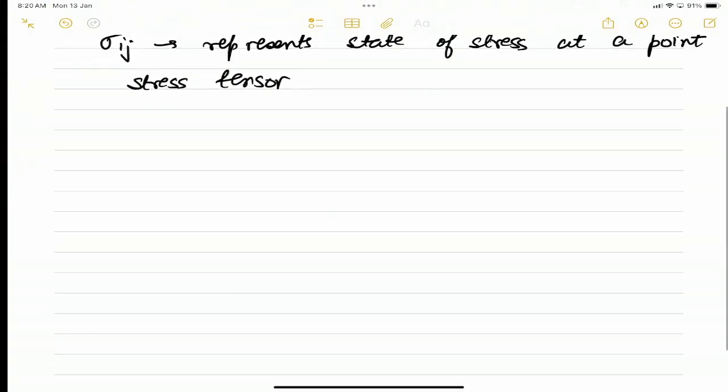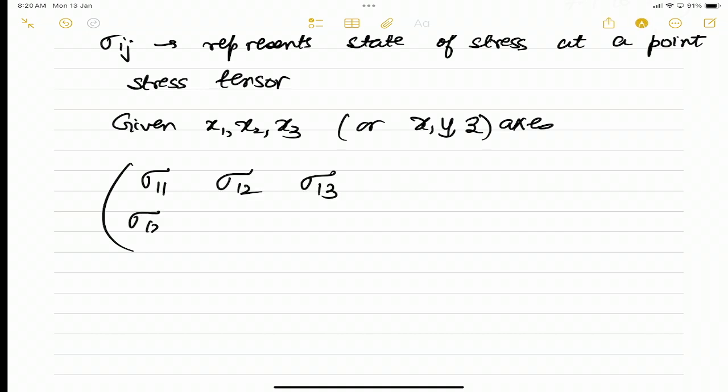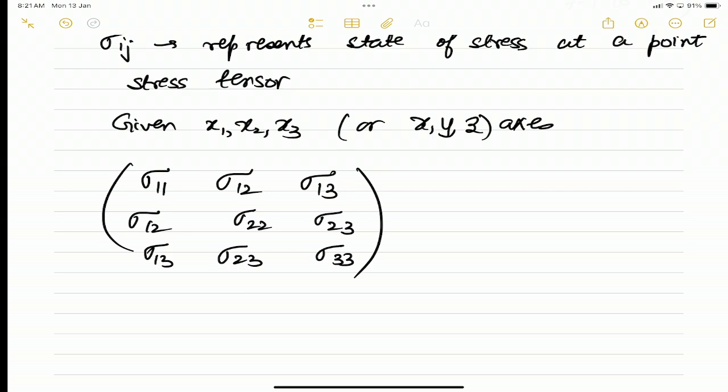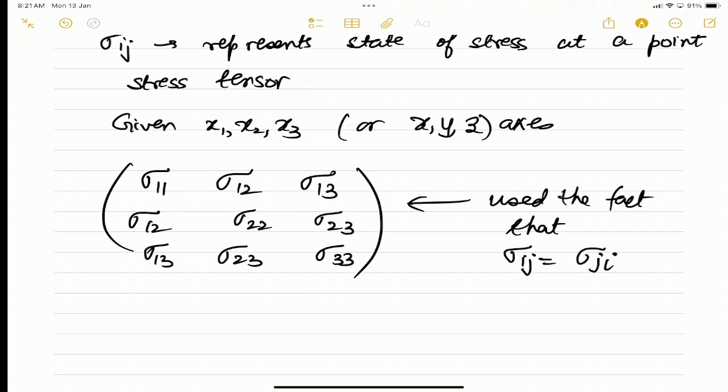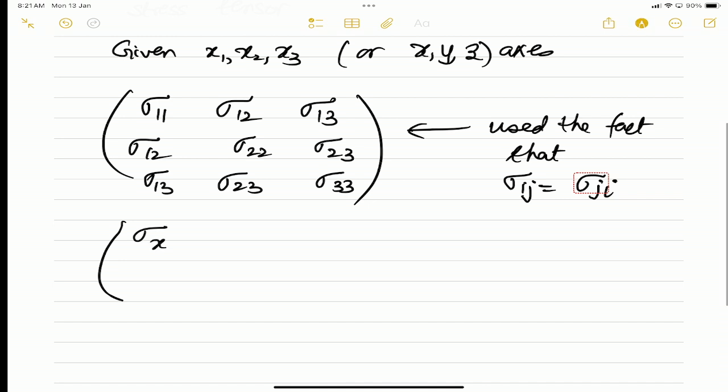So now, given x1, x2, x3 or x, y, z axes, I write the components of the stress tensor, and here I have used the fact that... Okay, and sometimes you'll also see this as sigma xx.